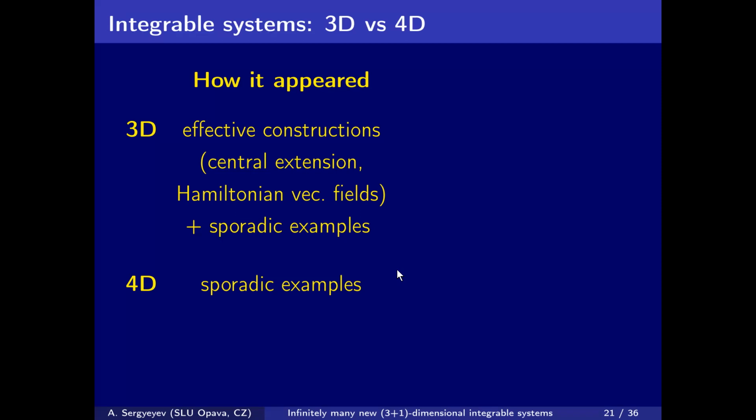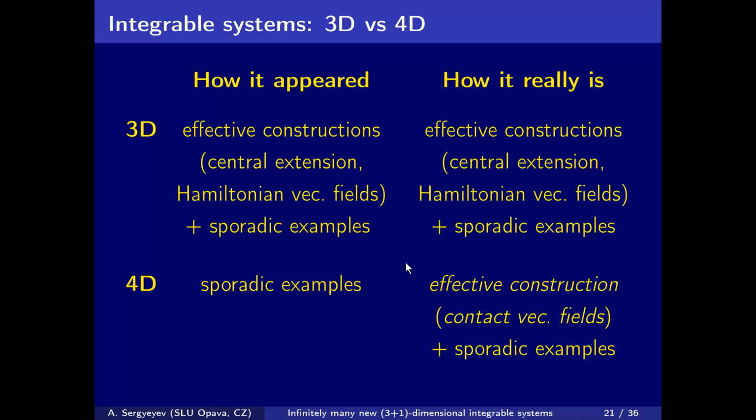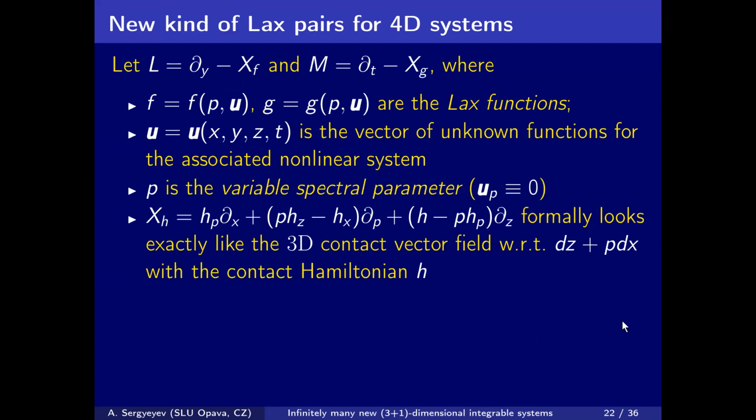But actually, the main method for you to take home from today's talk is that there does exist such an effective construction. In 4D, in addition to these previously known sporadic examples, there is an effective construction involving contact vector fields that allows one to produce infinitely many new 3+1 dimensional integrable systems.